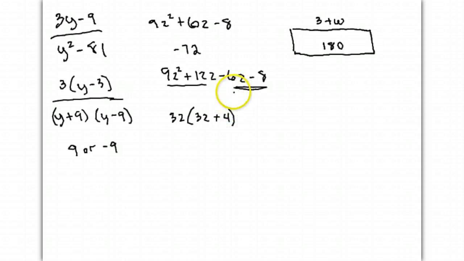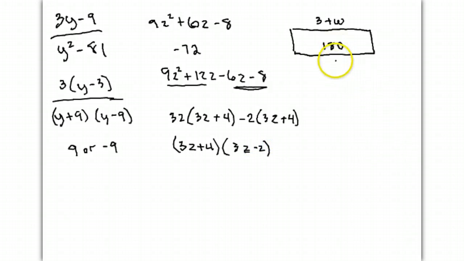And the second one, you want to pull out a negative 2 because that relates with 6 and 8, and what you're going to have is a 3z plus 4. So out of the two terms, you can pull out 3z plus 4, and what you will have left is 3z minus 2.